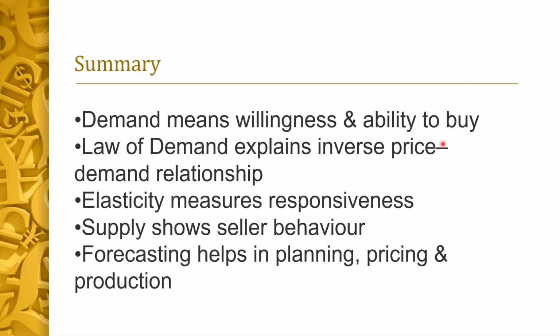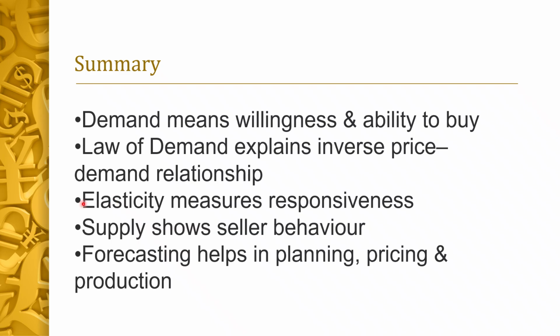So in today's session, we have learned that demand means willingness and ability to buy, whereas supply means willingness and ability to sell the product. Further, we saw that the law of demand explains the inverse price and demand relationship. As the price increases, demand decreases.